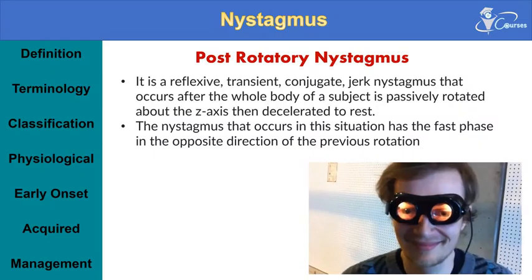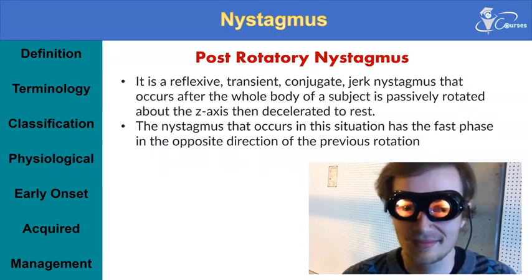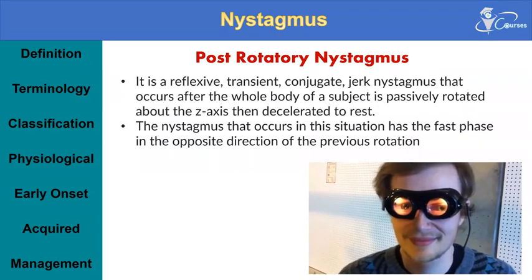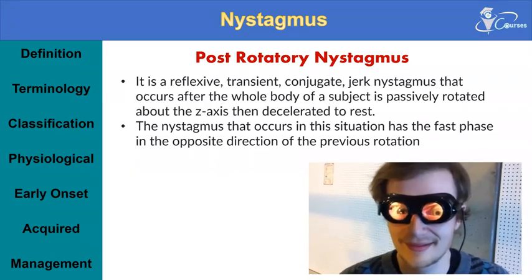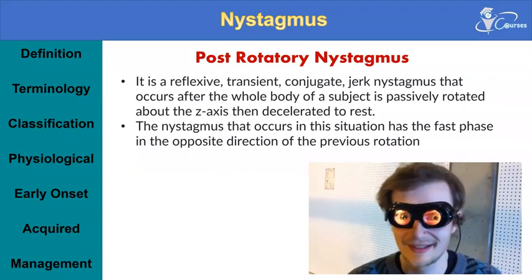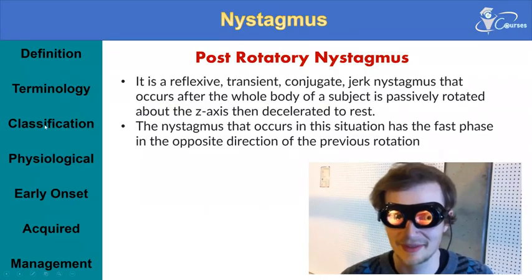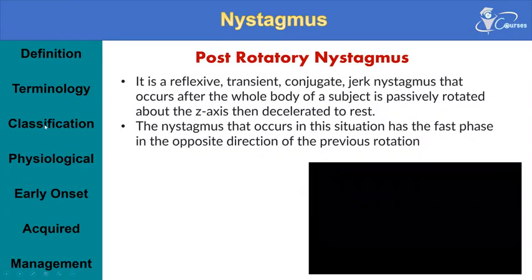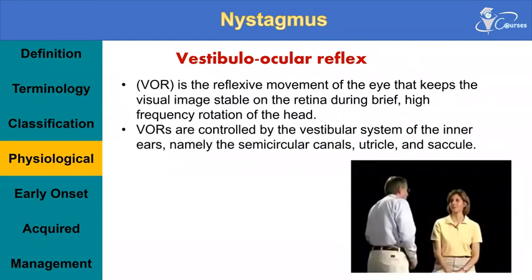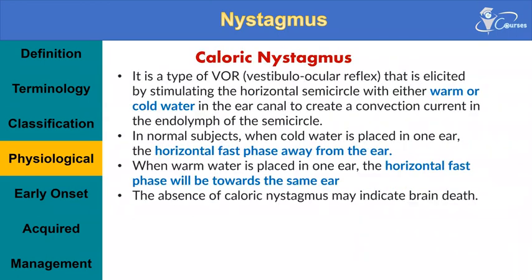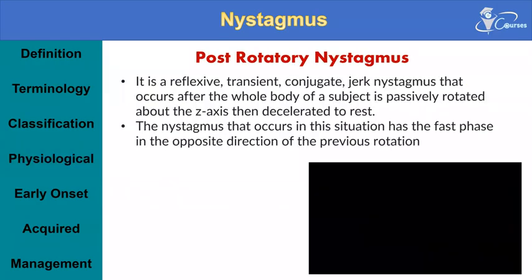This nystagmus has a fast phase which is against the direction of the previous rotation. Got it? Okay, so these are the four kinds of physiological nystagmus. Again, let's remember the vestibulo-ocular nystagmus, the optokinetic nystagmus, the caloric nystagmus, and the postrotatory nystagmus.